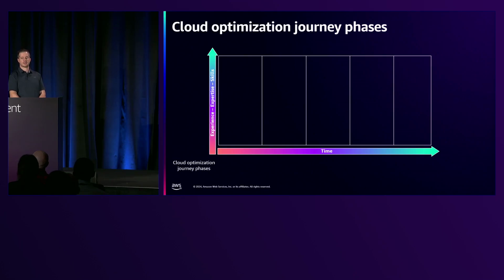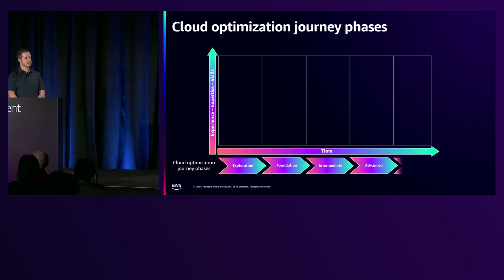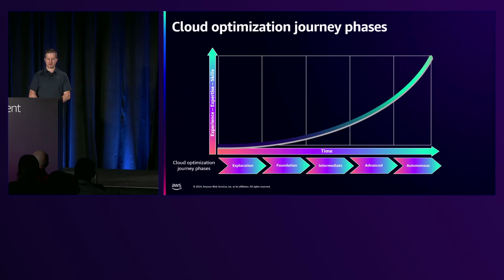You have to get sponsorship from your leaders, so it comes right from the top, from CTOs, from your execs, and right from the bottom. And as you progress slowly over time, you start to build on skills, expertise, and experience as you progress, right? So what we see is this kind of push to increase our abilities over time. And once you're in an autonomous stage, you want to drive what we call continuous improvement.